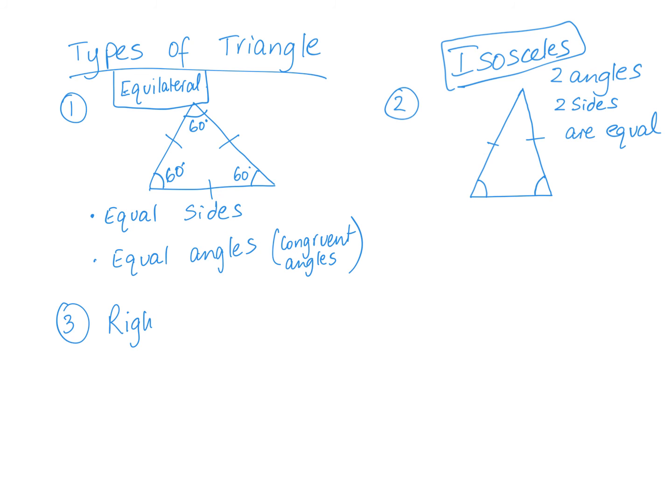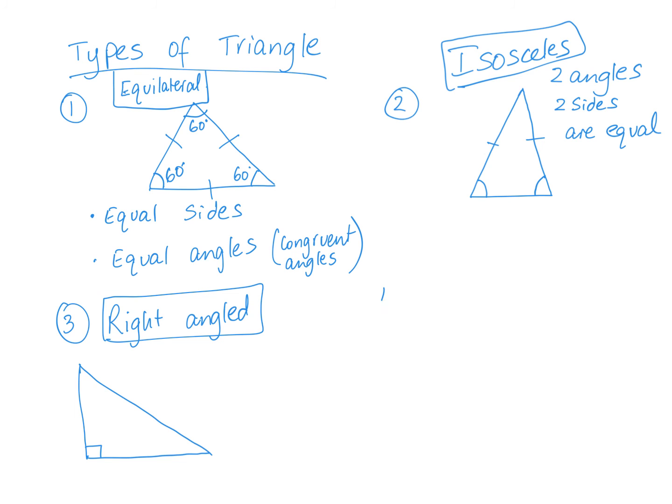Number three, the right angled triangle. So that has one right angle. This is a very frequently studied shape, so you'll see this also. Then the last one is scalene.